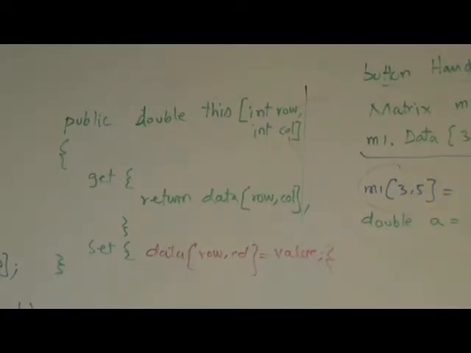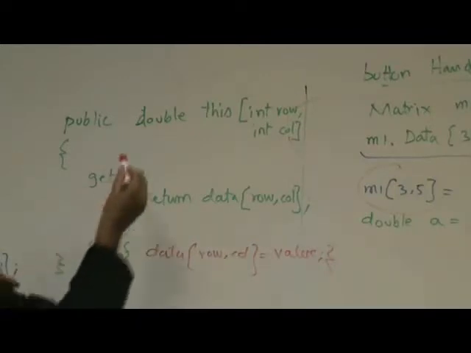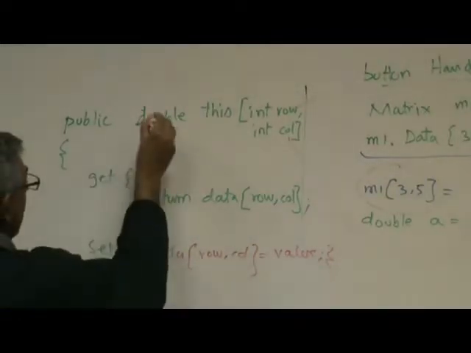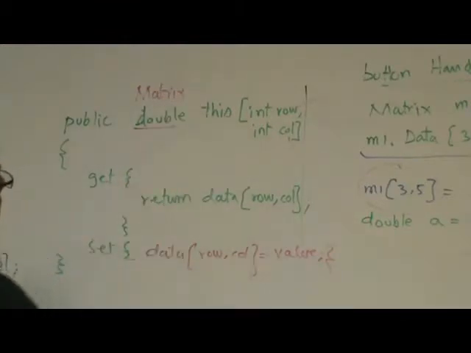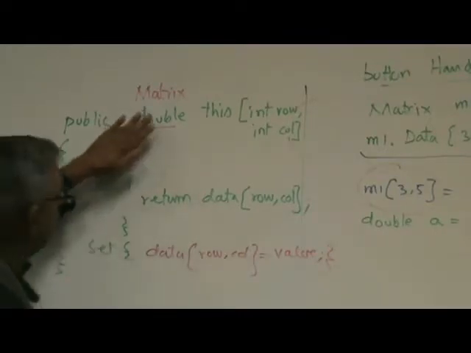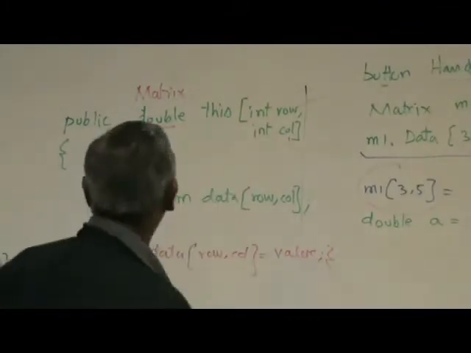Okay, so anyway, let me see, once I go to the computer, I can verify this, whether this should be double or whether this should be matrix. Public matrix, let me see. Row, column. Okay, I'll go to the computer and verify that in a few minutes, but anyway.